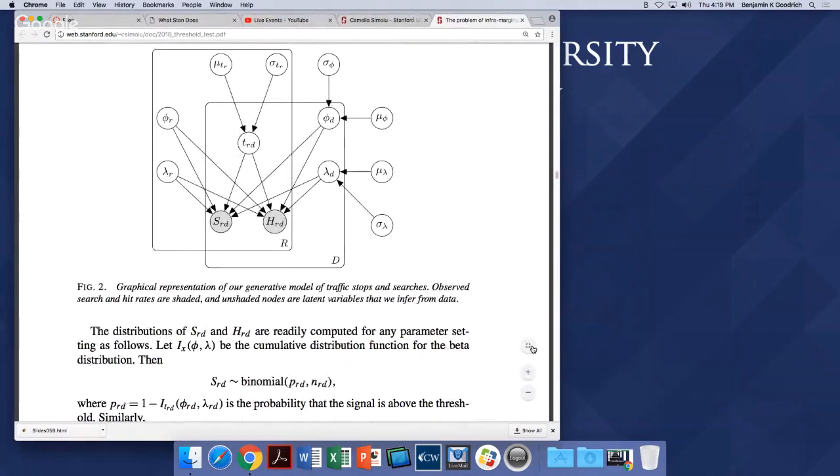In their model, which of these things are exogenous, which are endogenous, which are known, which are unknown, etc.